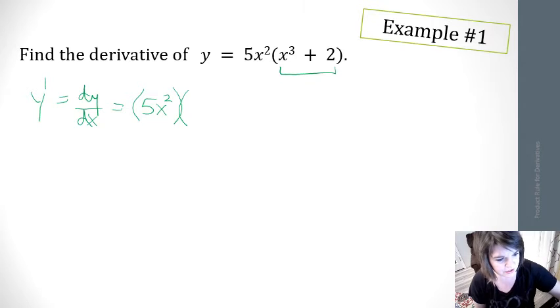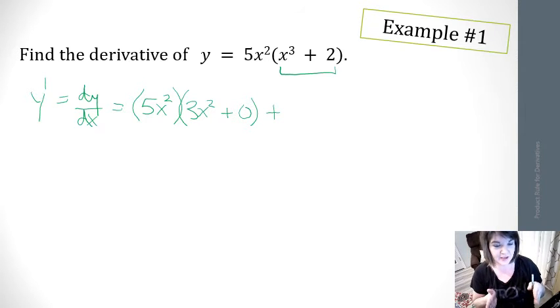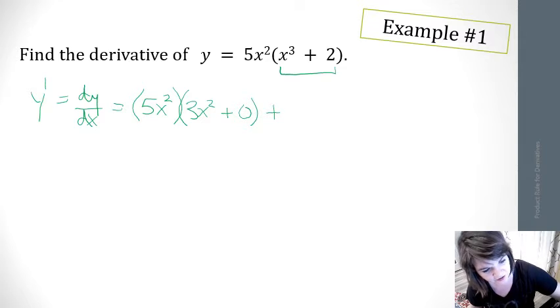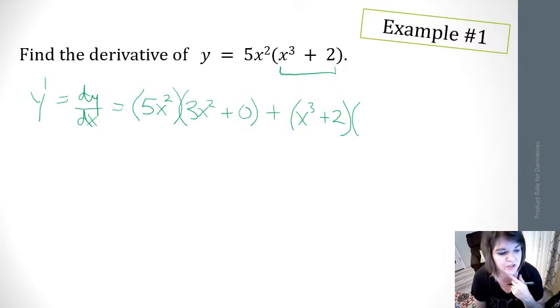The derivative of x cubed is 3x squared. The derivative of 2 is 0. Plus, okay, so that's the first part. Now we take the second function, leave it alone, and multiply by the derivative of the first function. And the derivative of 5x squared is 10x.